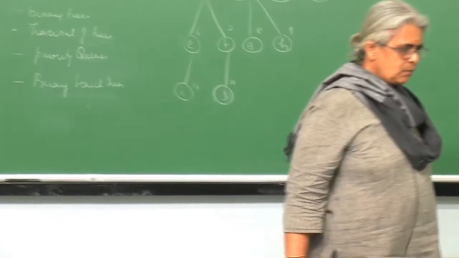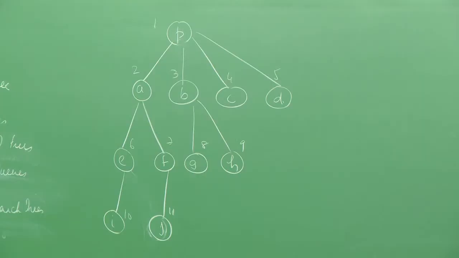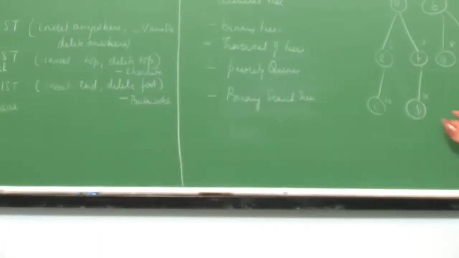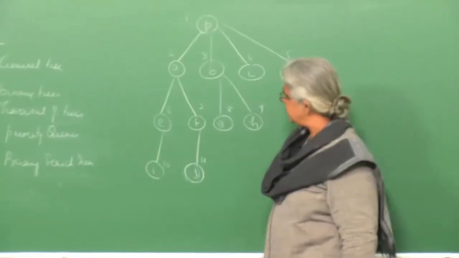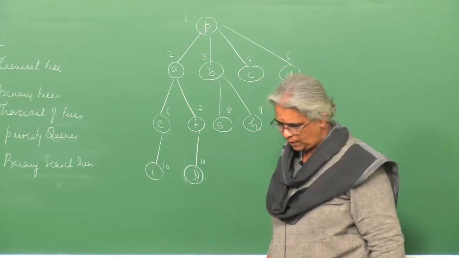One of the most popular representations, what do we want from this? If I want to access the node corresponding to j, then I would like some information.